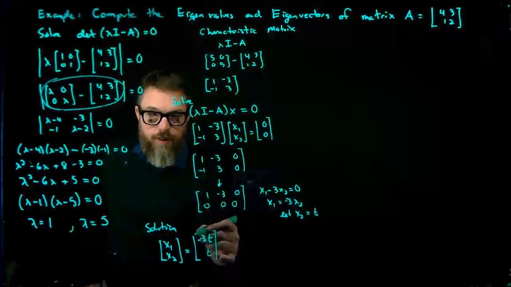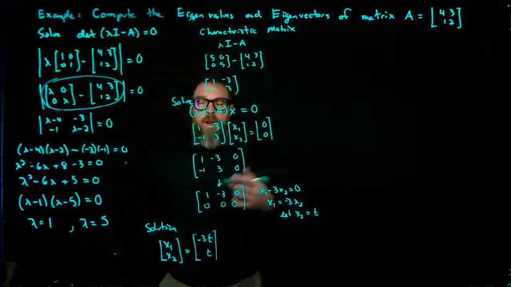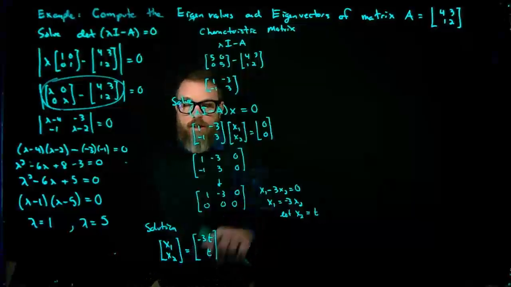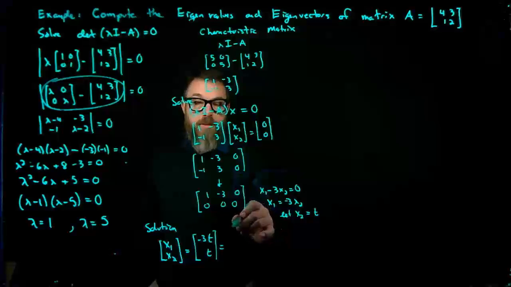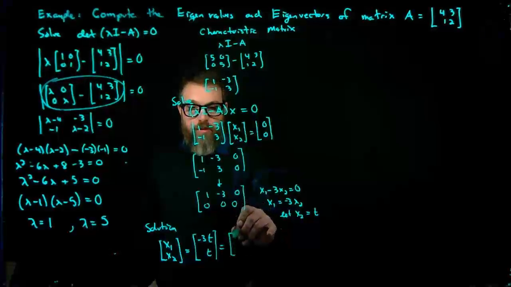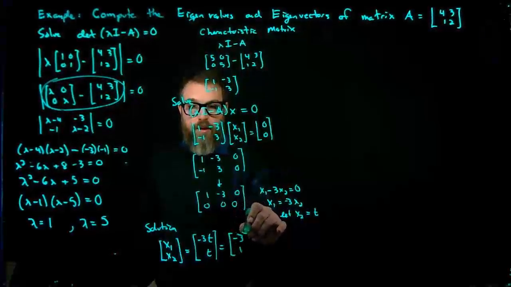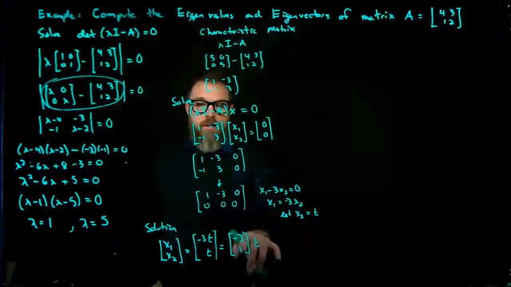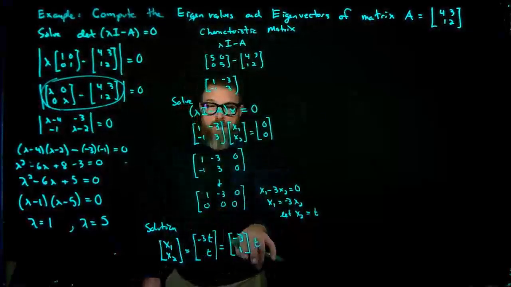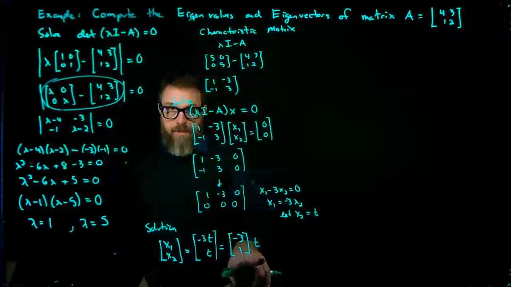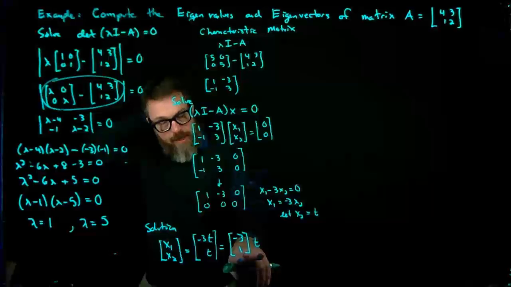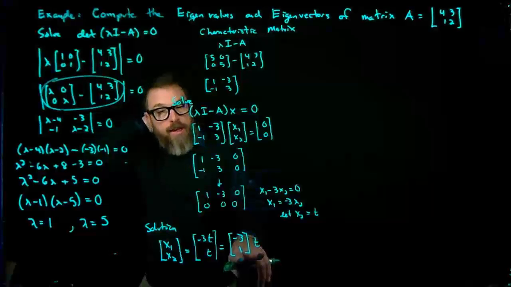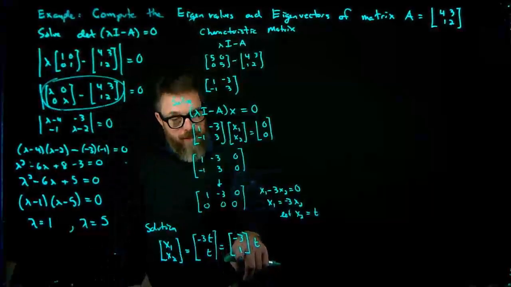So when we try to find the null space of this, when I pull out that t, this is really just a linear combination of a vector times a scalar. So this is going to be equal to minus 3, 1 times t. So this is the eigenvector, because remember, this defines a subspace in R2, and this is the basis of that subspace.